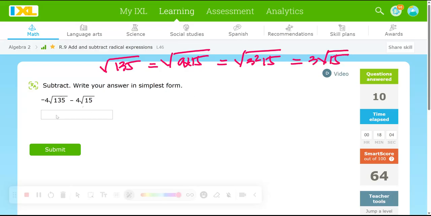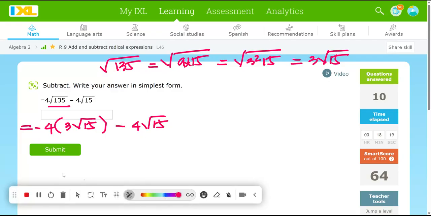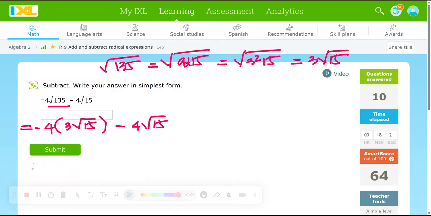Here we go. So now negative 4. Instead of square root of 135, I put 3 square root of 15. The other one is negative 4 square root of 15. Now I multiply negative 4 with 3, it becomes negative 12 square root of 15. In the back, I have negative 4 square root of 15. So now you can see negative square root of 15, square root of 15, the same.